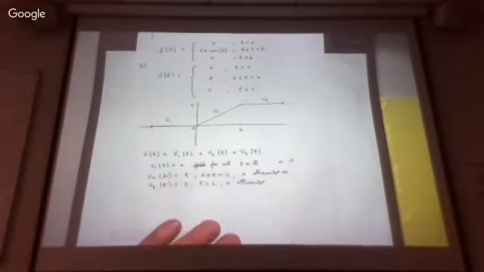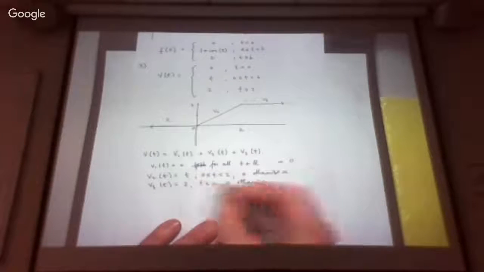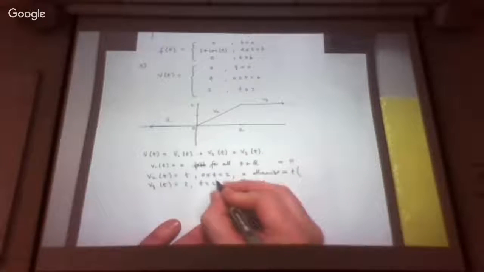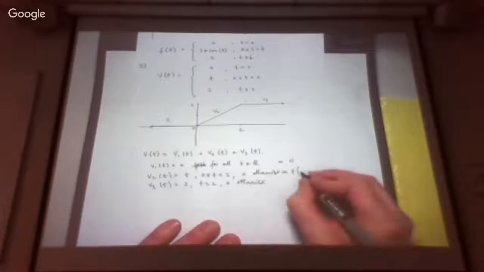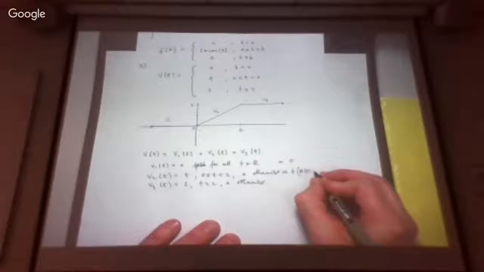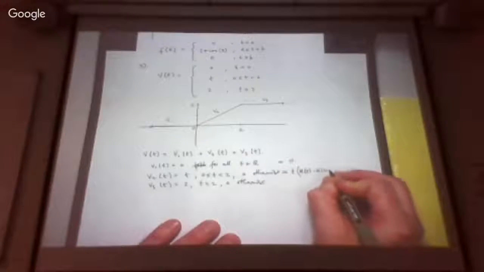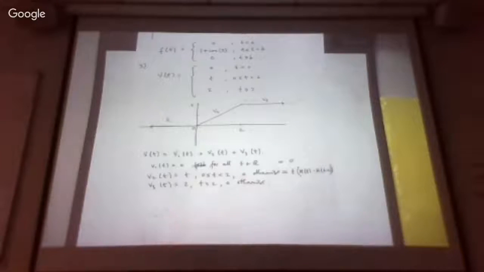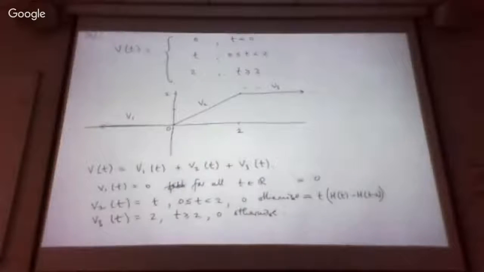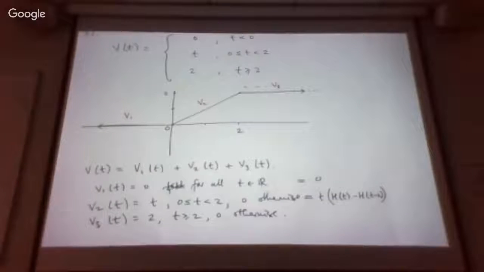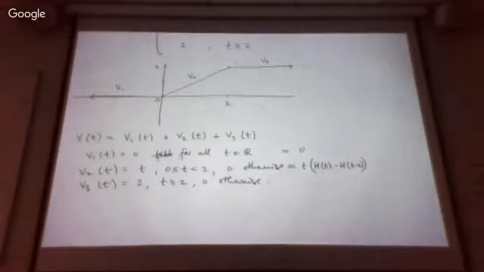This one, so it wants to be the value t just between 0 and 2. So this will be h of t minus h of t minus 2. We already described how differences of Heavisides switch something on for a certain time period. So to switch something on between 0 and 2, you do h of t minus h of t minus 2.